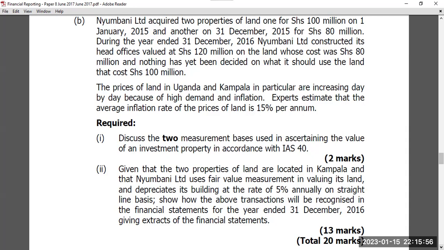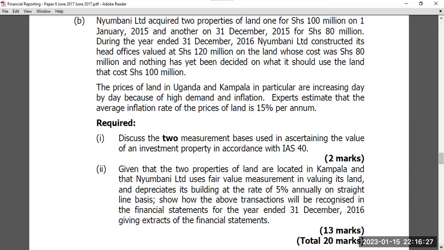We try to eliminate some of the English problems, because you may find that the standard is a bit tricky, and even some of the things you have not understood. So if it is a deflation, it means the prices are going to be reducing. If these prices are going to be increasing, we are expecting either a gain or a loss.